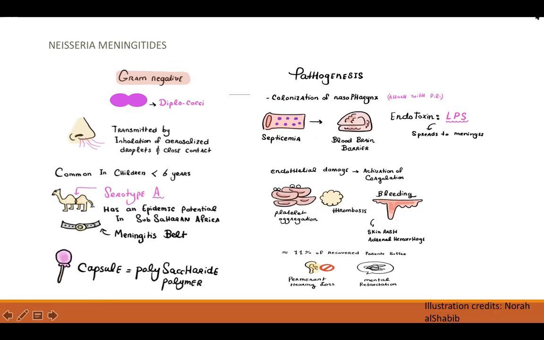Pathogenesis of النيسيريا. تقريبا في ناس تكون النيسيريا normal flora in their nasopharynx. So some people النيسيريا is a normal flora in their nasopharynx. Others they acquire it, as we said, by inhalation and close contacts. طيب once the bacteria colonizes the nasopharynx, it has كذا زي اليدين اسمها pili, it uses them to attach to the nasopharynx and invade.